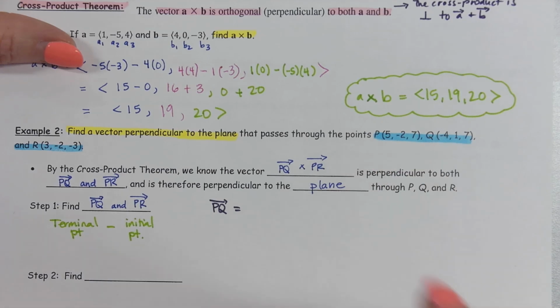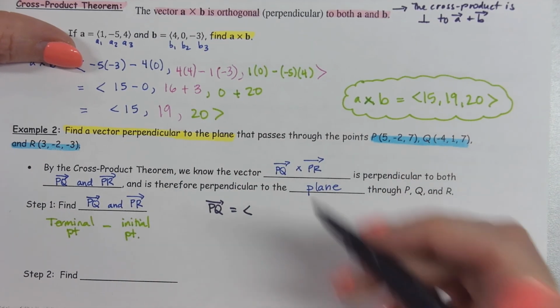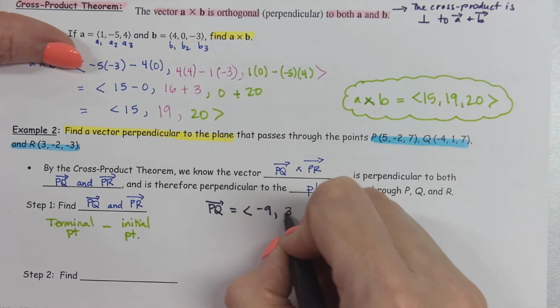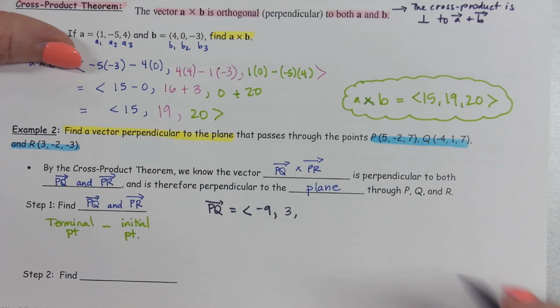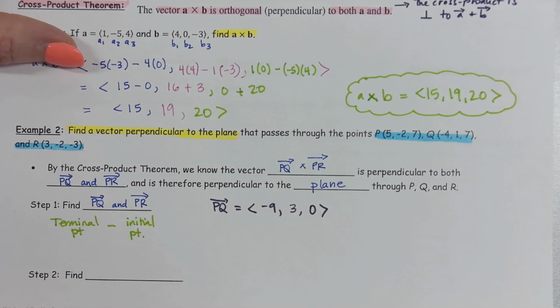Alright, so we have P and Q. If we do negative 4 minus 5, we get negative 9. 1 minus negative 2 would be a positive 3. And then 7 minus 7 would be 0.